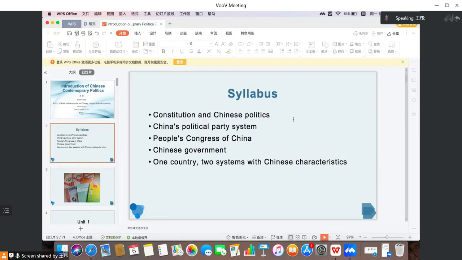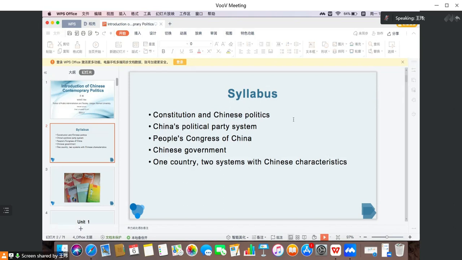Here are lots of secretaries of CPC, not general. But for Xi, we have to call him the general secretary, 总书记 in Chinese, and we cannot change it. We cannot call him 书记. Here's a distinct difference.